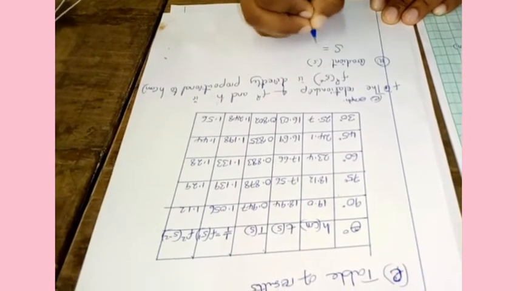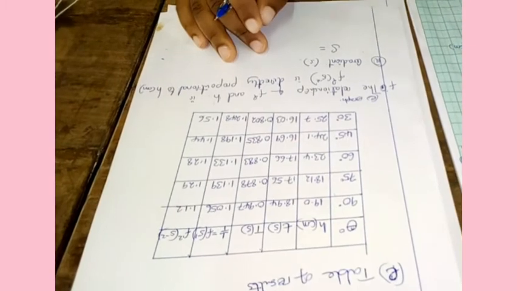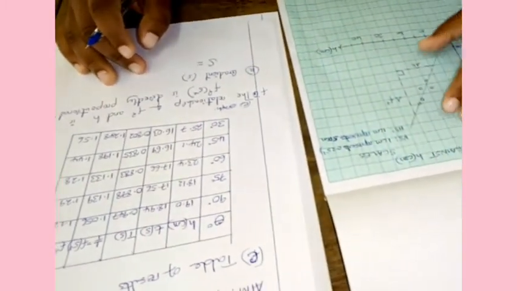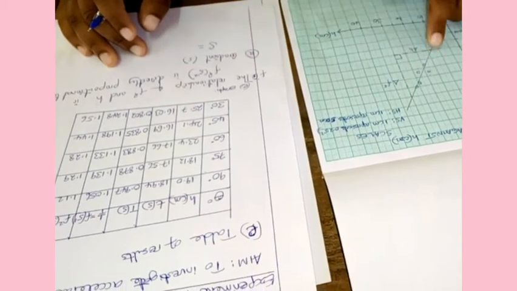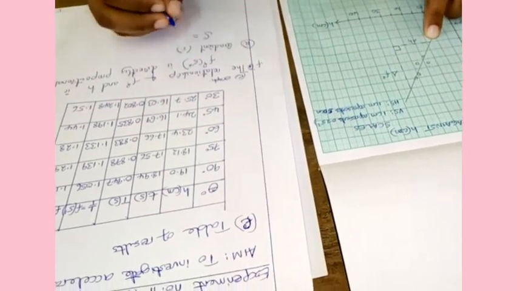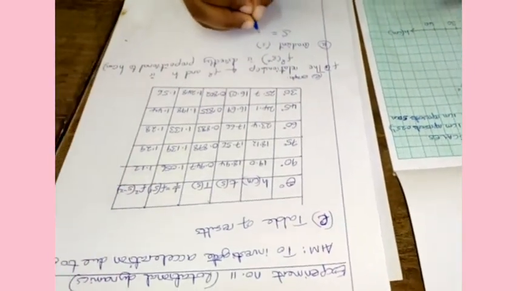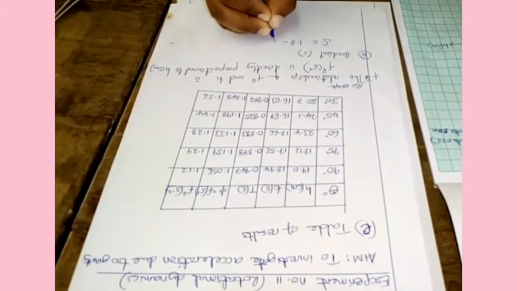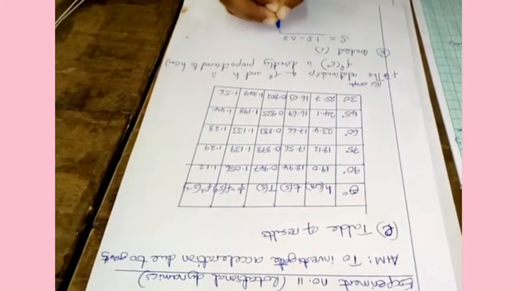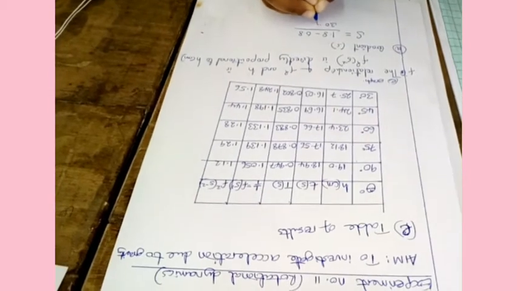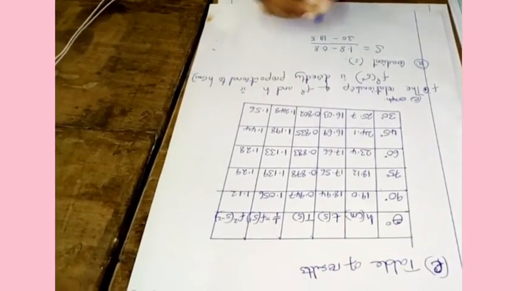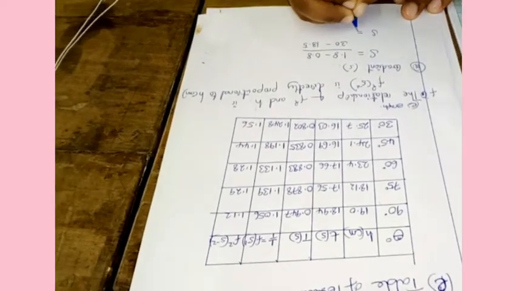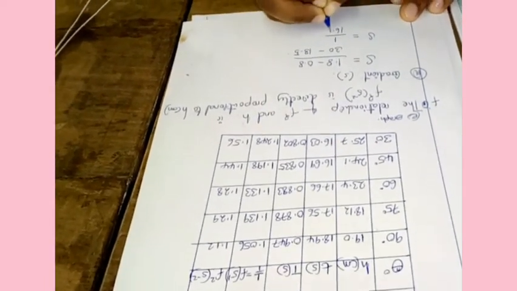Slope itakuwa change in y over change in x, ambayo kulingana na graph yetu tutatumia pointi hii hapa na pointi ya hapa, ambapo kutokana na graph tutapata kwamba 1.8 minus 0.8 over 30 minus 13.5. Then slope will be equal to 1 over 16.5.